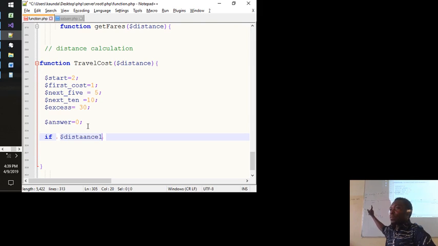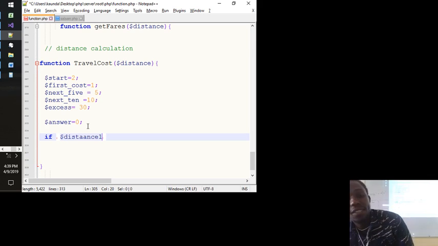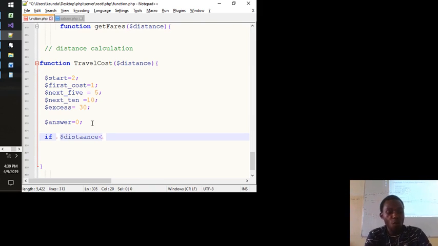Are you okay? We are ignoring the fact that within this 1 kilometer the person can travel 500 meters. If it's less than 1, the person will pay only the 2 cedis.